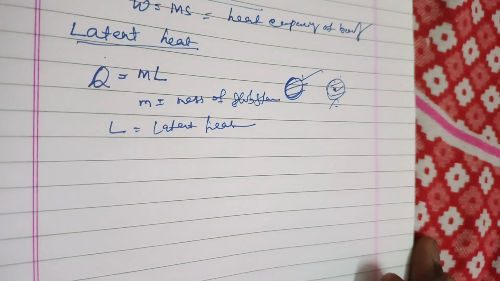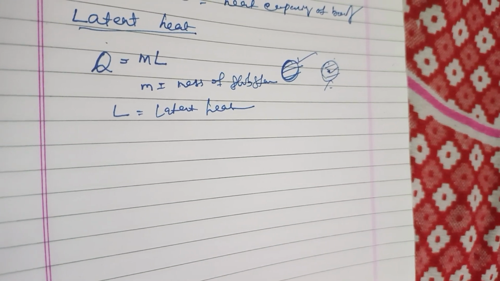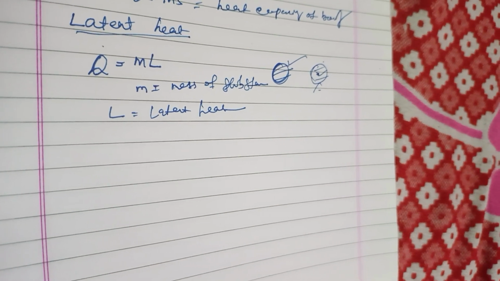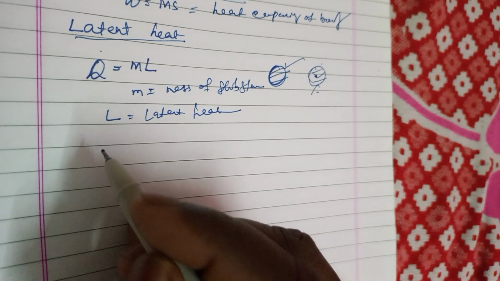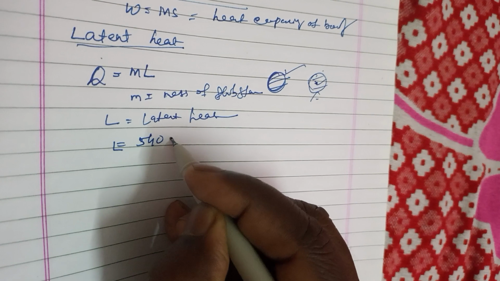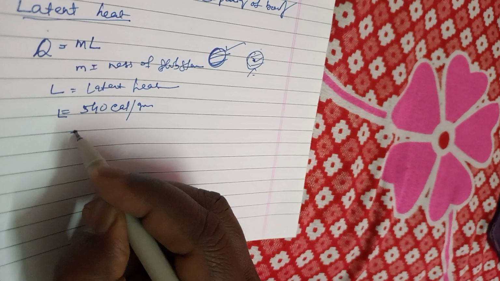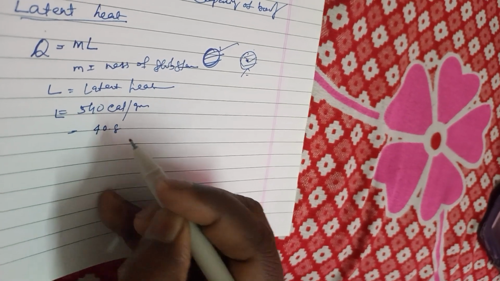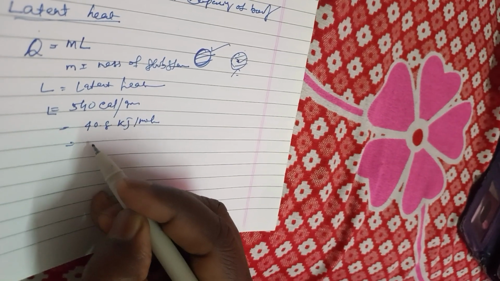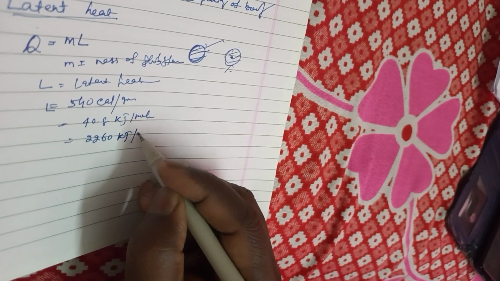For water, at the normal boiling point or condensation temperature of 100 degrees, the latent heat of evaporation L is equal to 540 calorie per gram, or 40.8 kilojoule per mole, or 2260 kilojoule per kg.